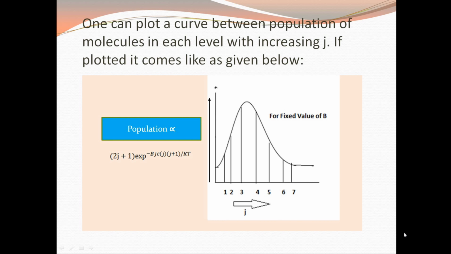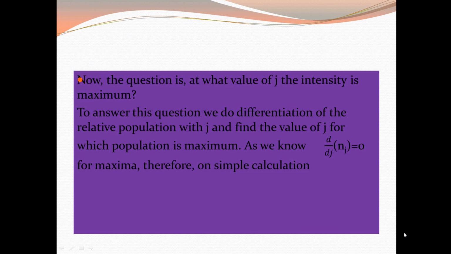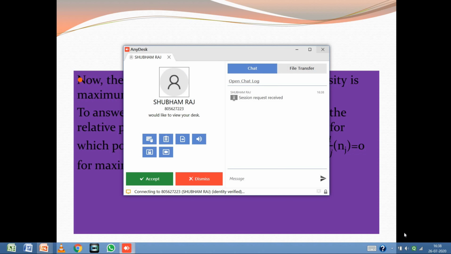So we have just plotted this population with J and found this type of plot. This curve is between the population and the increasing rotational quantum number.